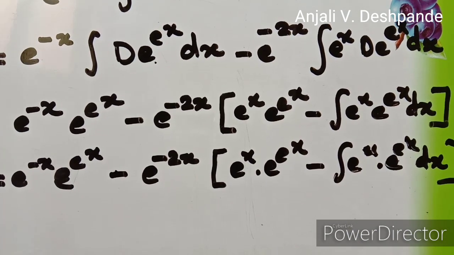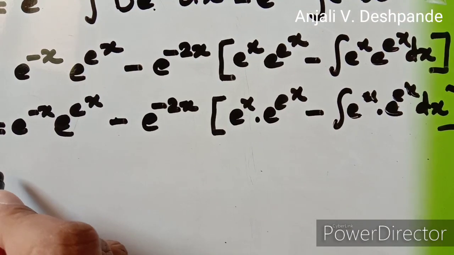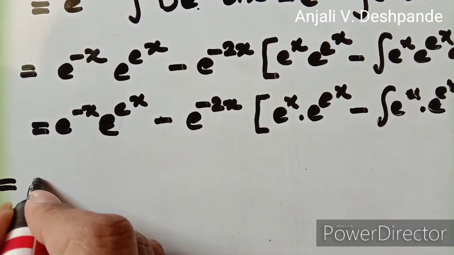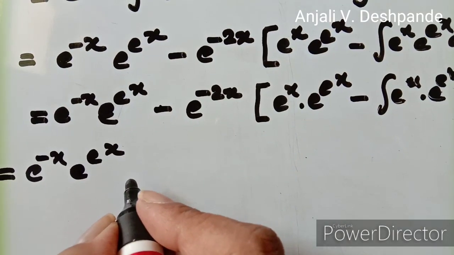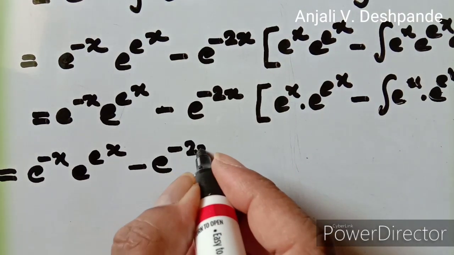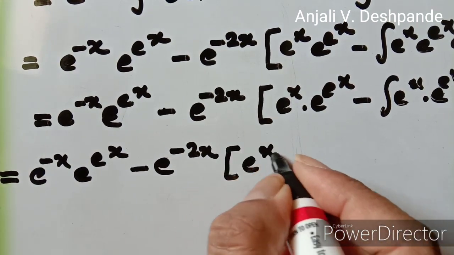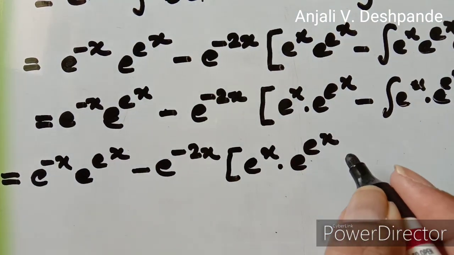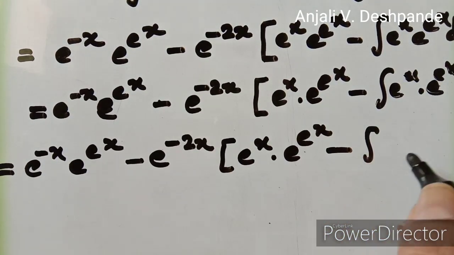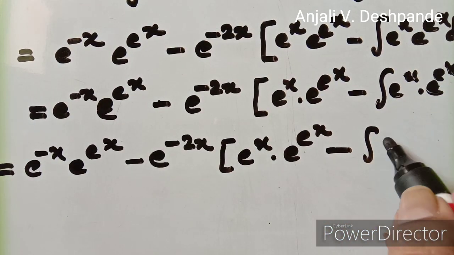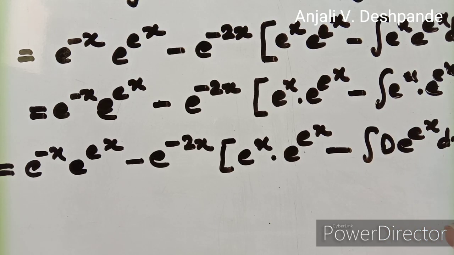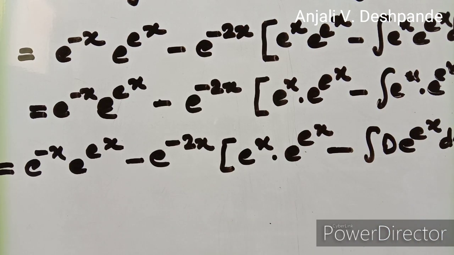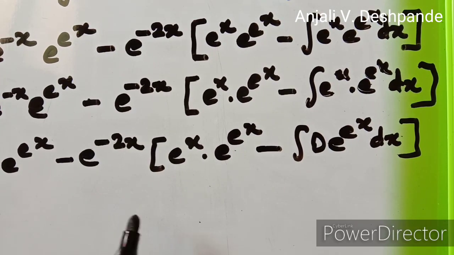So this is equal to, now what we will write this as, e raised to minus x e raised to x minus e raised to minus 2x into bracket we will write e raised to x into e raised to x minus integration of, now this whole thing again we will write as d of e raised to x dx. So that is how we have written it.